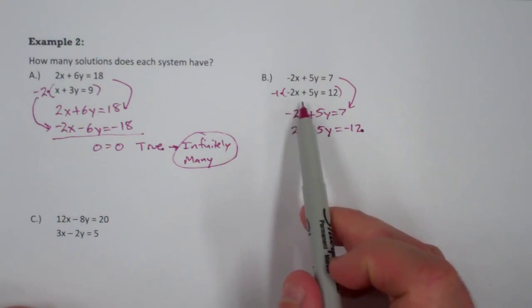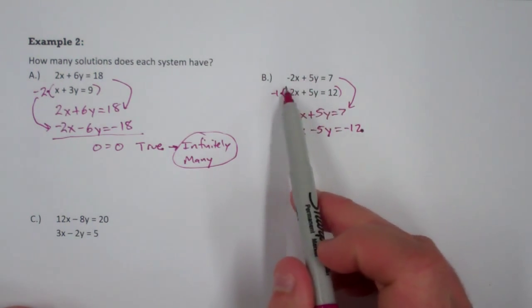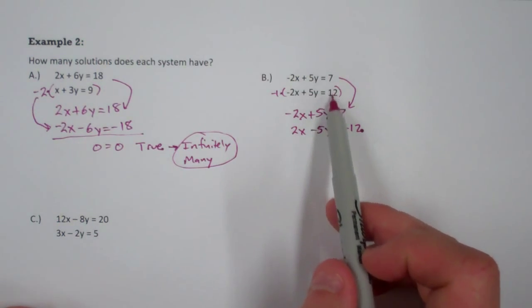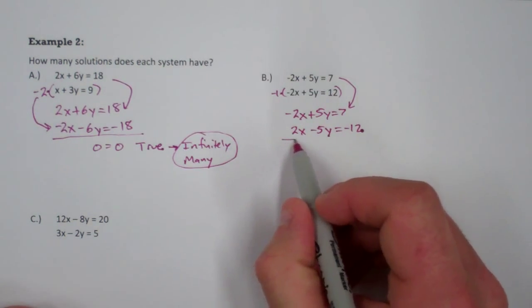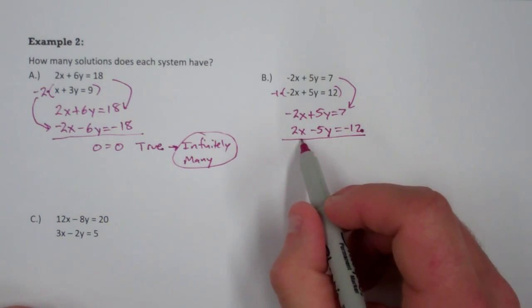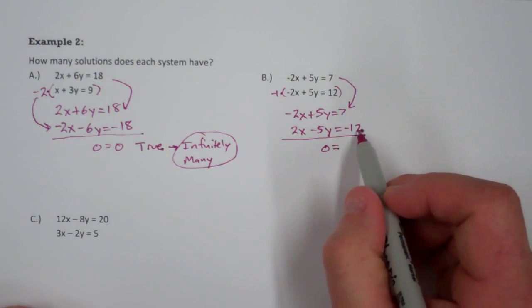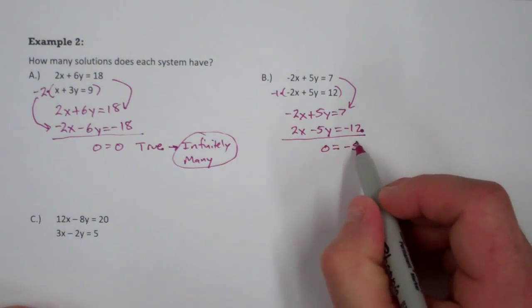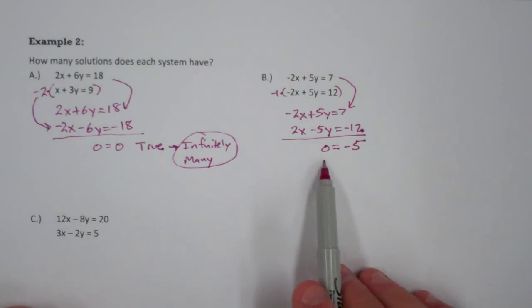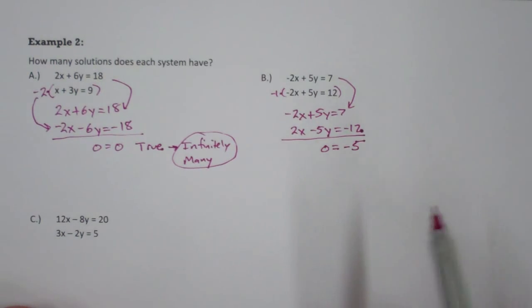At first glance, this might look like the same equation if we only look to the left of the equal sign, but it's actually not. Let's see what happens. So -2x and 2x is 0, 5y minus 5y is 0, 7 minus 12 here is -5. Here again, both variables have gone away, and we're left with a statement.